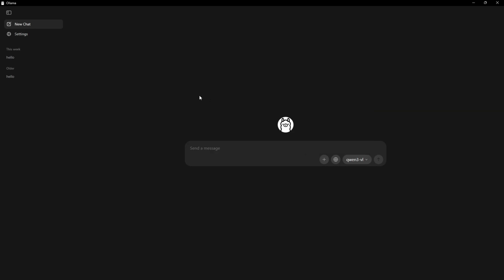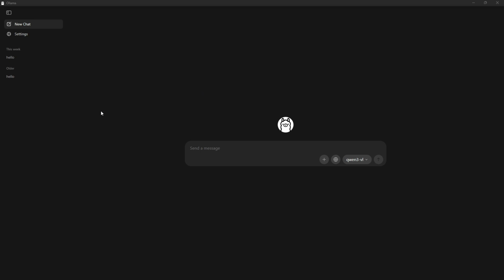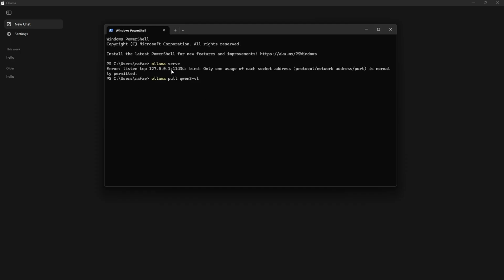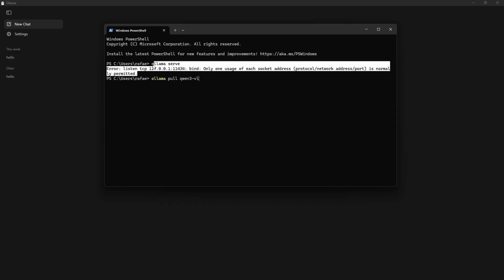Okay. So one thing that we learned was how to check via the terminal whether Ollama was running or not. So you can use this ollama serve command to check that Ollama is running.